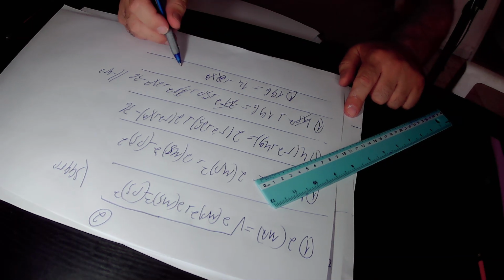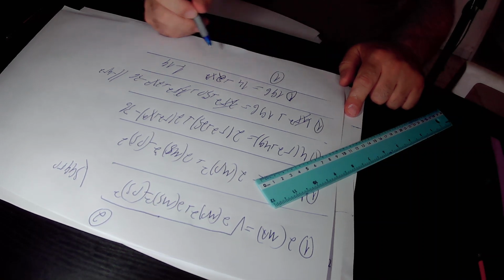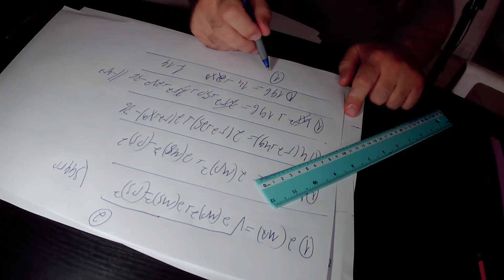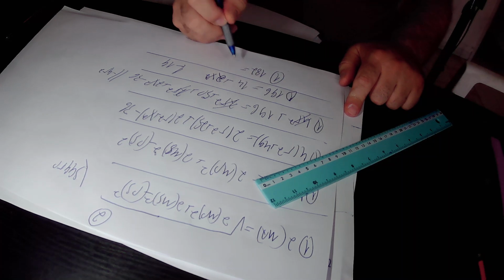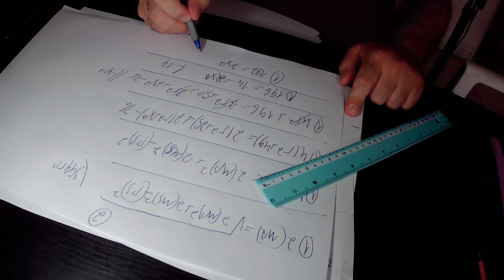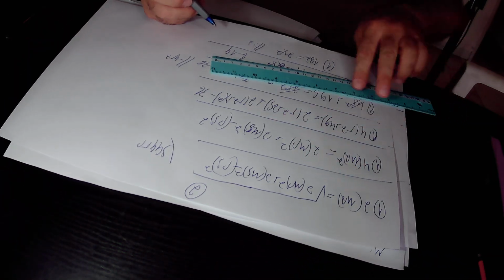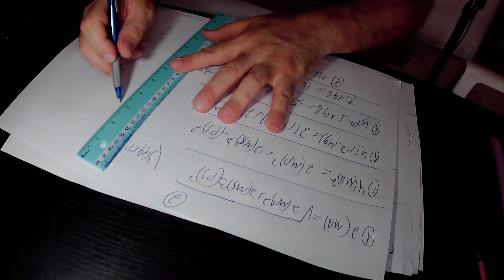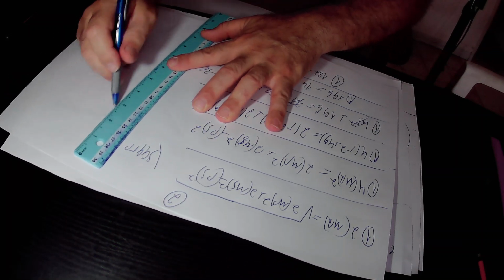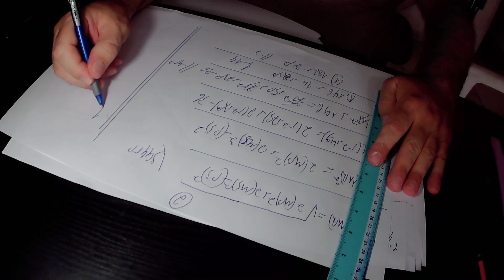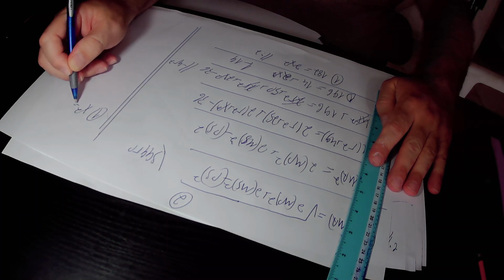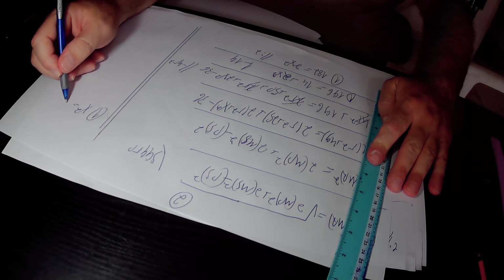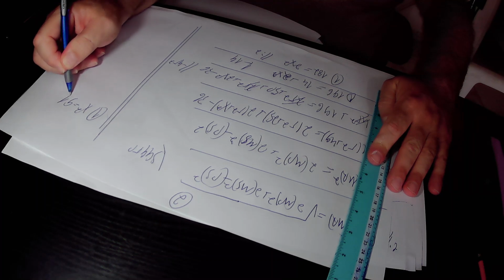Here we subtract 14 from the equation, and we get that 196 minus 14 is 182, so 182 equals 2x squared. Here we divide the equation by 2, and finally we get that x squared equals 182 over 2, which is 91, so x squared equals 91.